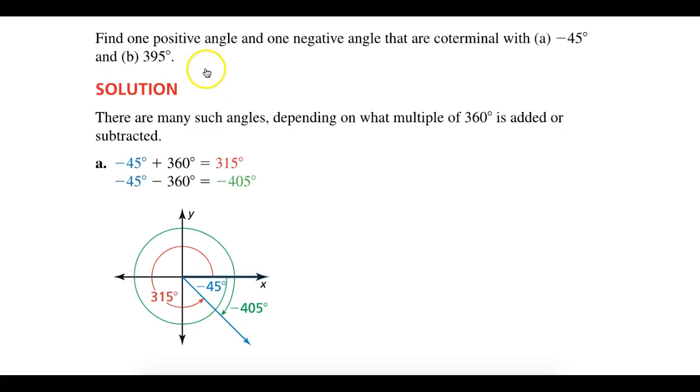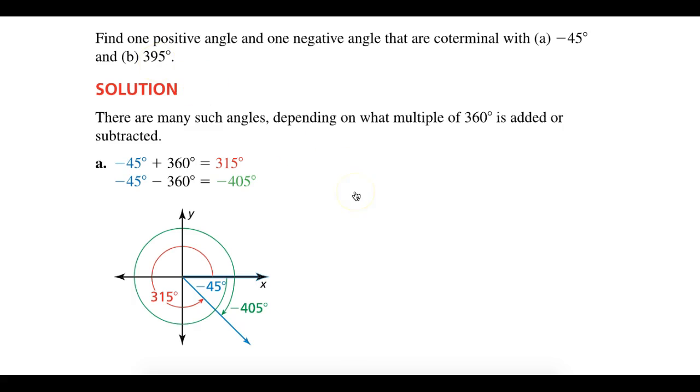Now, when it says find one positive angle and one negative angle, that means find an angle that has a positive sign and a negative sign that's coterminal. So sometimes you can't just subtract 360 and have a negative coterminal angle. Look at part B. We want to find a positive and a negative coterminal angle to 395.